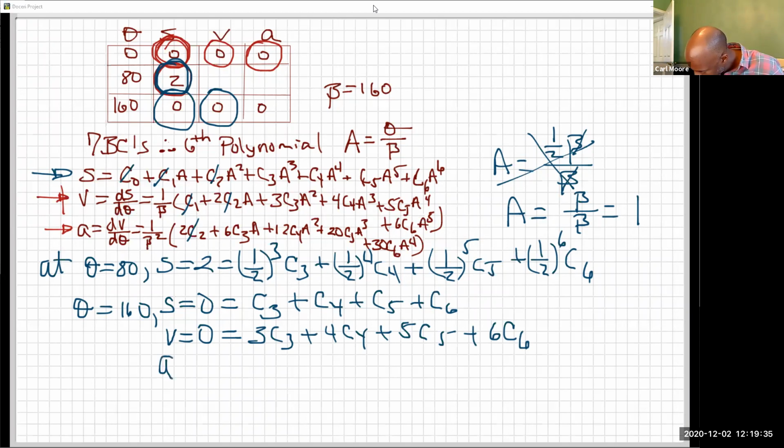Last but not least, my acceleration. My acceleration is equal to 0 when theta is equal to 160. So I turn my attention to my acceleration equation, and I'll have 6C3 plus 12C4 plus 20C5 plus 30C6.